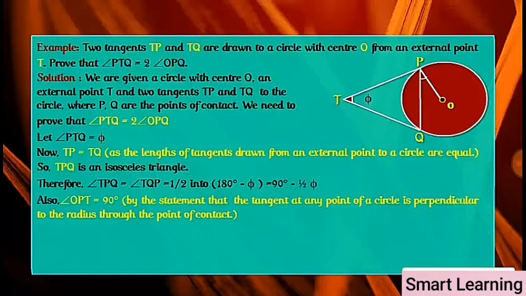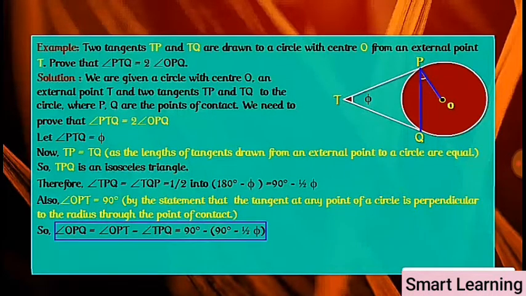Also, angle OPT is equal to 90 degrees by the statement that the tangent at any point of a circle is perpendicular to the radius through the point of contact.